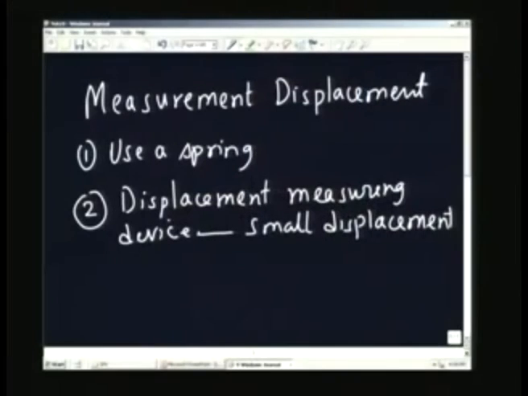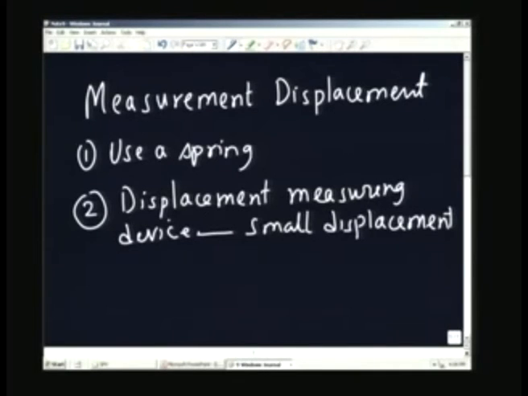Elasticity is what gives rise to a spring, because once you remove the force, it goes back to its original position. So, elasticity means the displacement vanishes when the force is removed. When the force is brought back, it is going to displace. So, the relation between displacement and force is one to one. You remove the force, there is no displacement. So, generally small displacements are required.